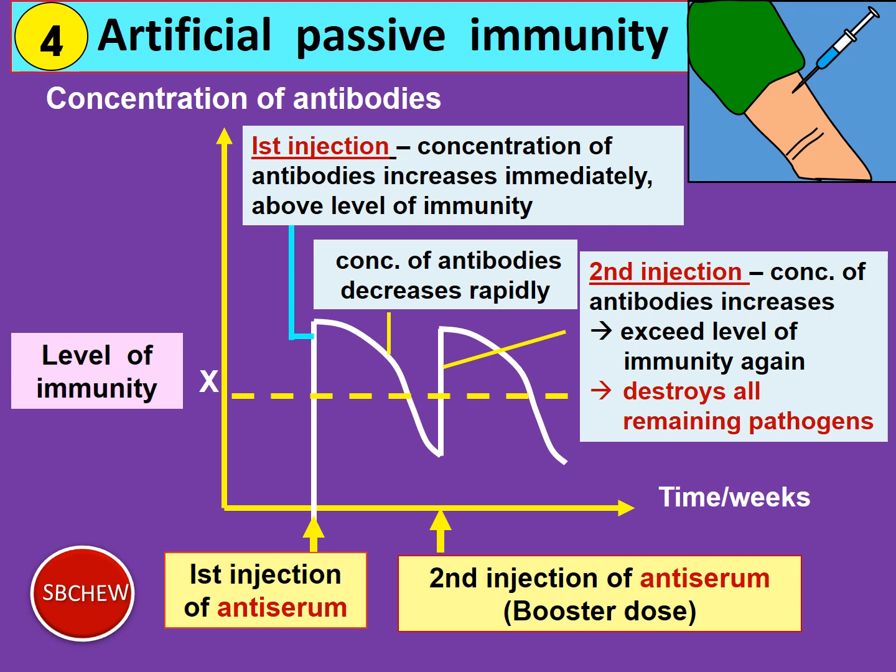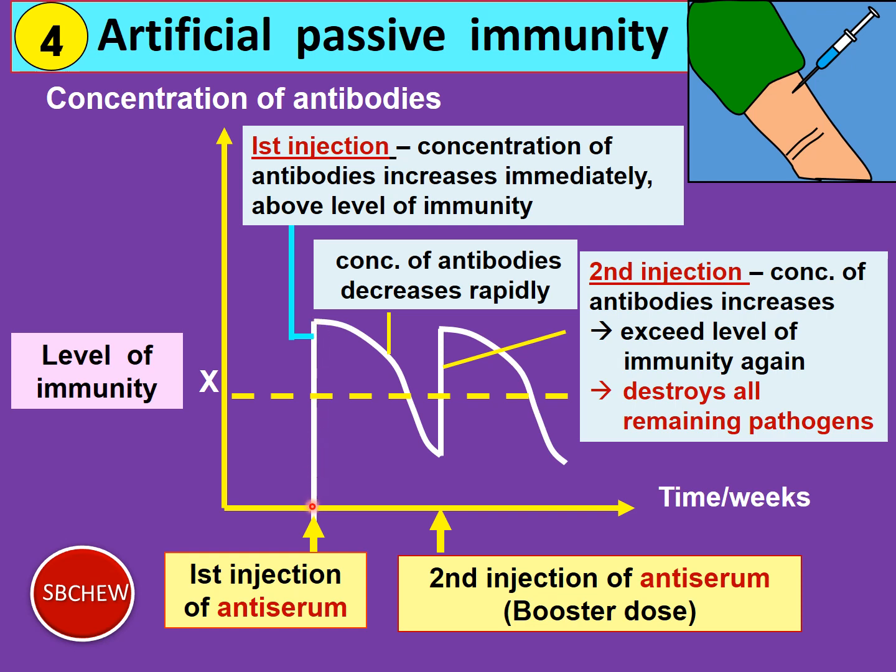Let's have a look at this graph for artificial passive immunity obtained through injection of antiserum. So the graph is very different from the one for injection of vaccine, for artificial active immunity.